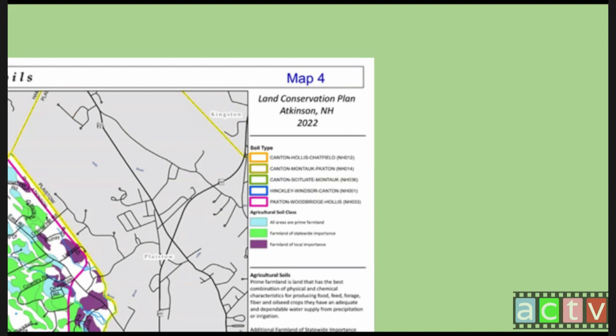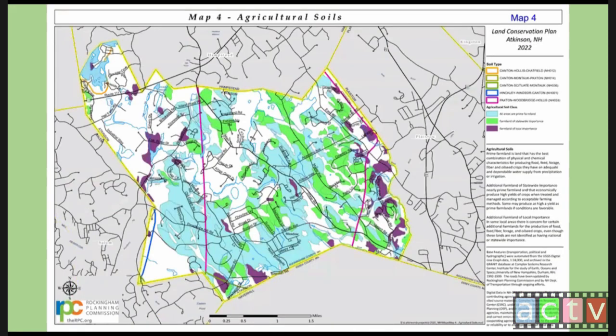The data behind this map suggests that all the shaded areas are good for farming and certain areas are of local and statewide importance. Looking back at the map, you see the statewide importance in green, local importance in purple, and other good farming areas in blue.